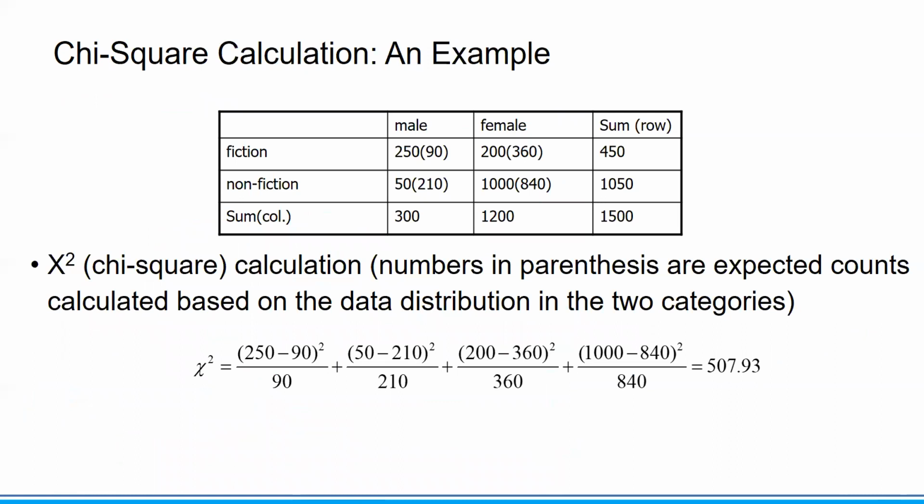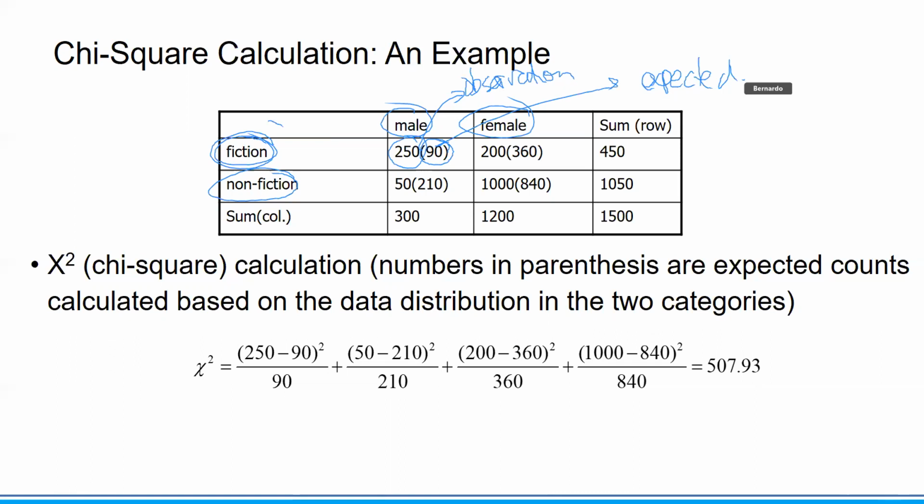So let's say, this is an example. I have fiction and non-fiction, and male and female. Based on the observation, there are 250 males who like fiction, but the expectation is 90. So this is the observation, and this is the expected value.